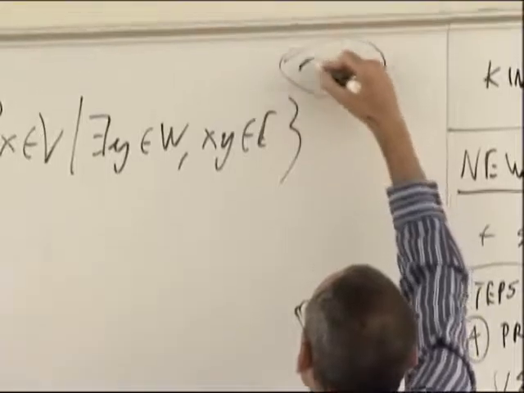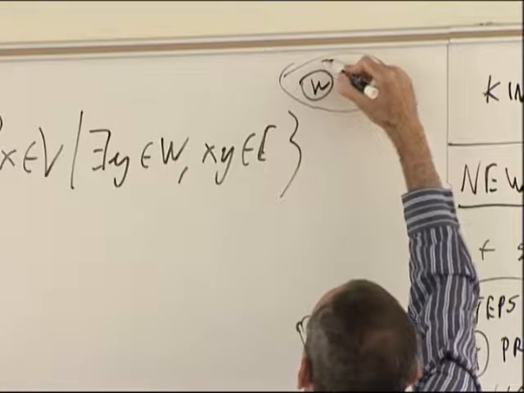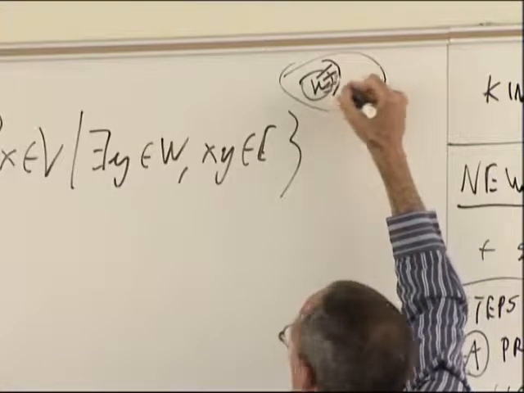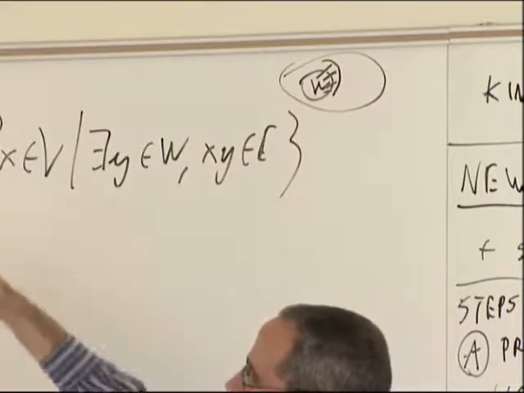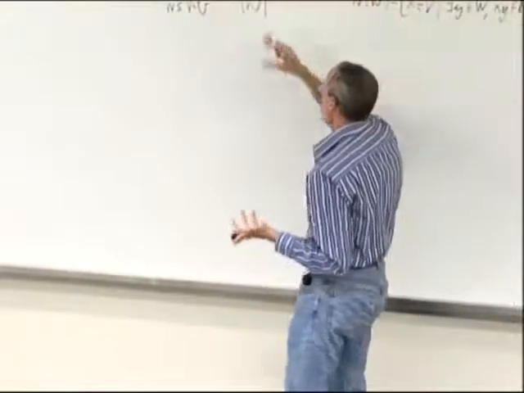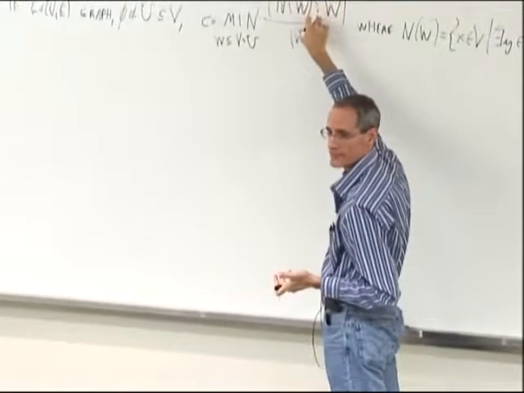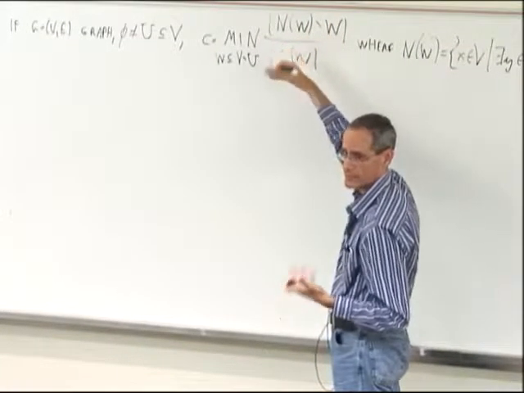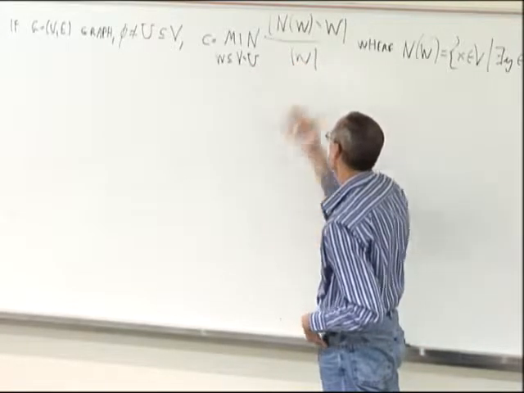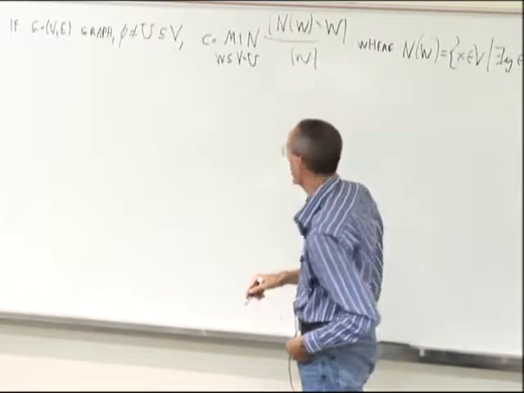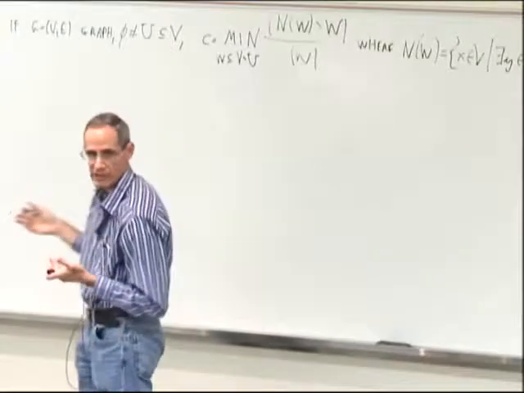So if my set here is W, then the neighborhood are all the ones that are connected to W. So we want to know how small the boundary of a set can be if this set does not touch the boundary U, as a fraction of the original set W. And we want to bound it by something.